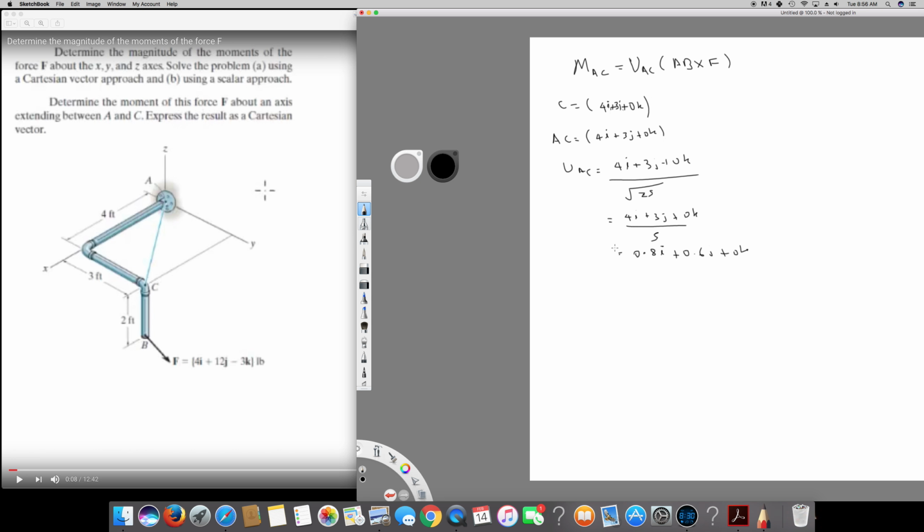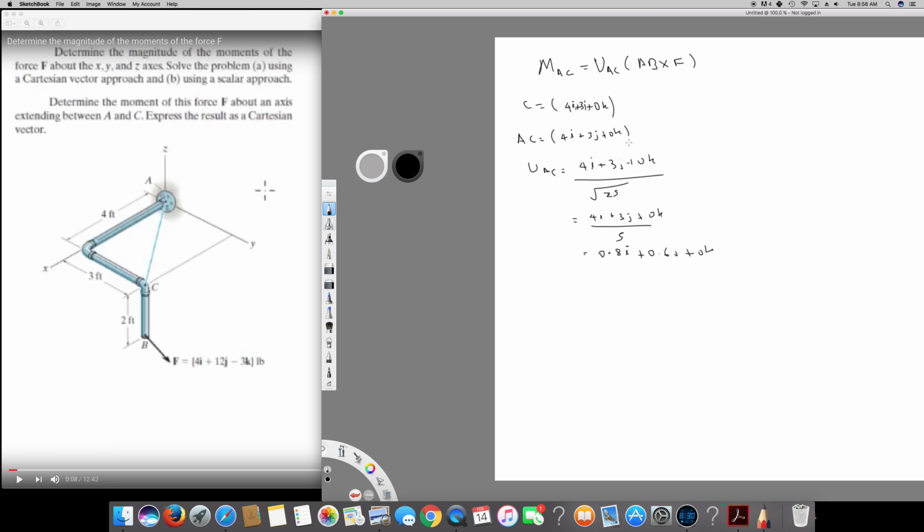And AB is what? AB is B minus A. We have calculated the BA already in the previous solution, but let's see. I'm going to write B again.